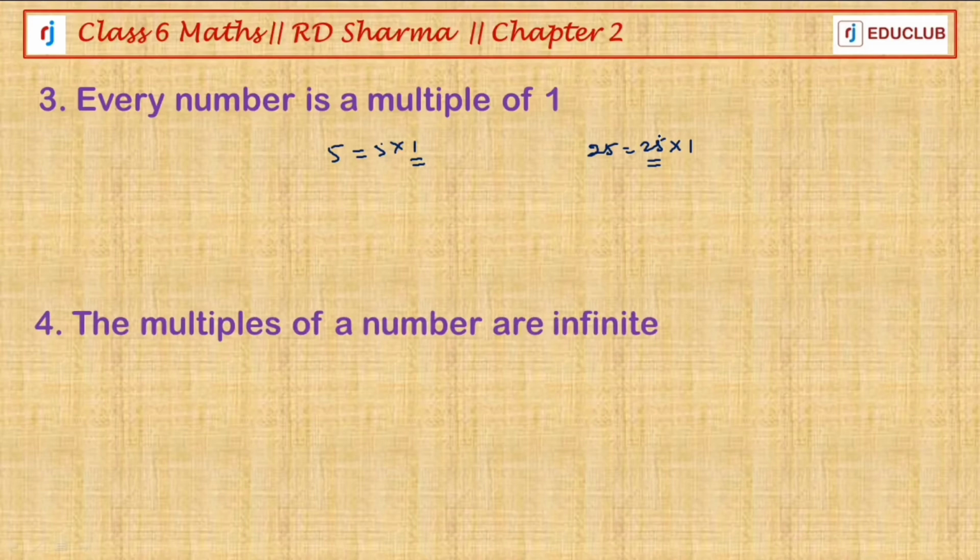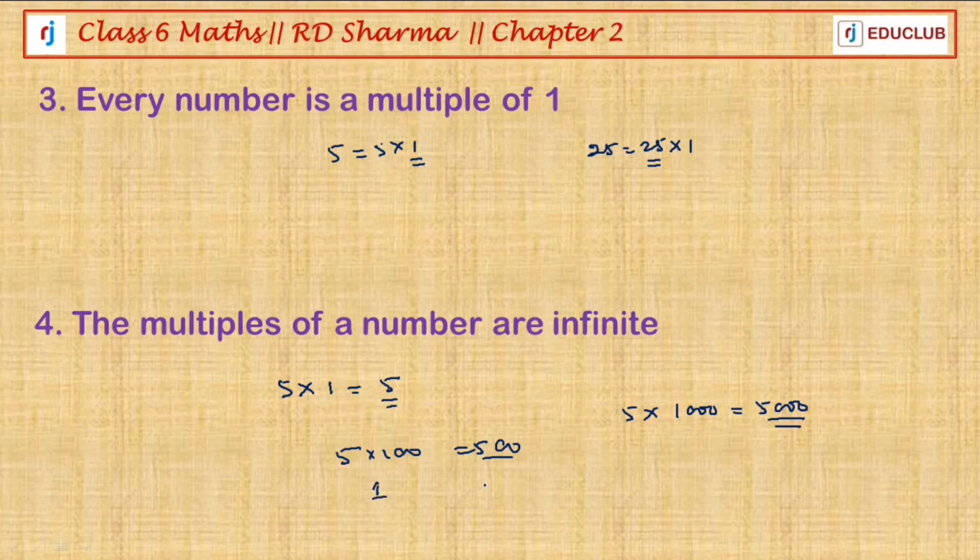The multiples of a number are infinite. Take 5. I can multiply it with 1 to get a product, and I can multiply 5 by 100 to get another multiple of 5. I can multiply 5 by 1000 and get 5000, one more multiple of 5, and so on.